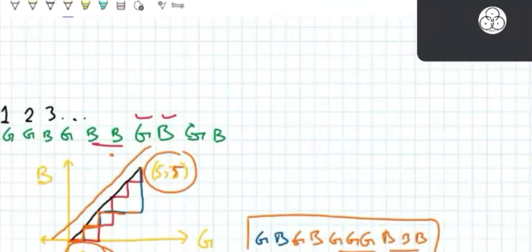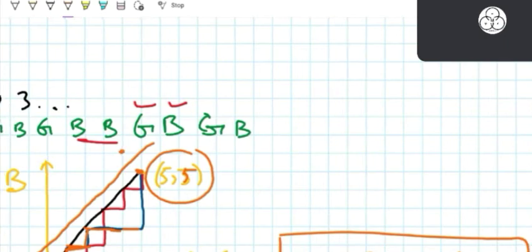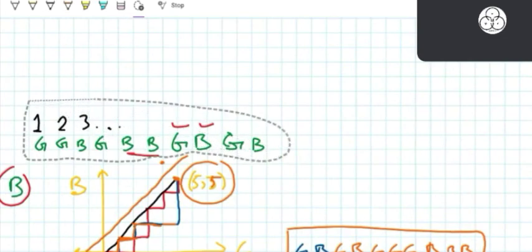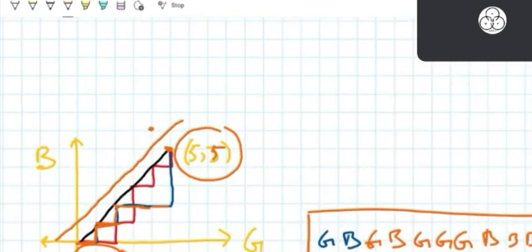Take its reflection. Sorry, its reflection will be here. And this reflected point is 4, 6.